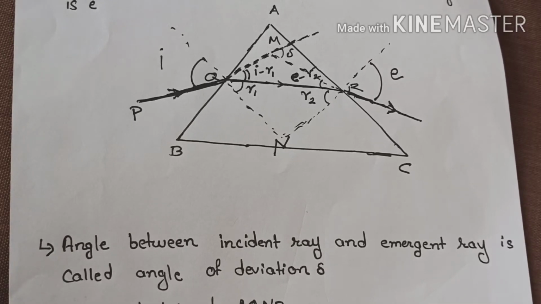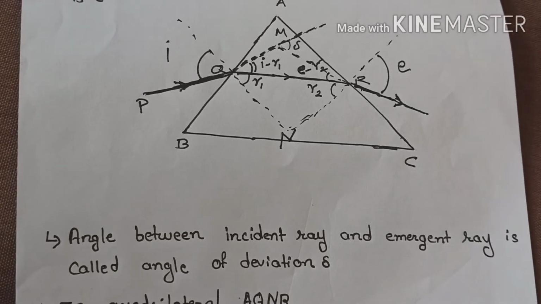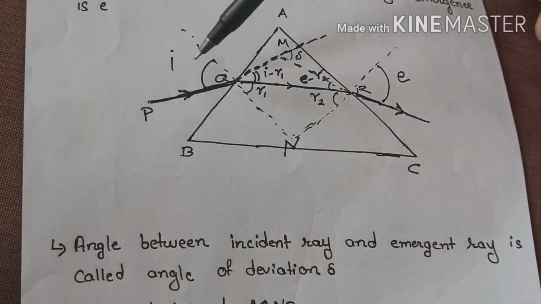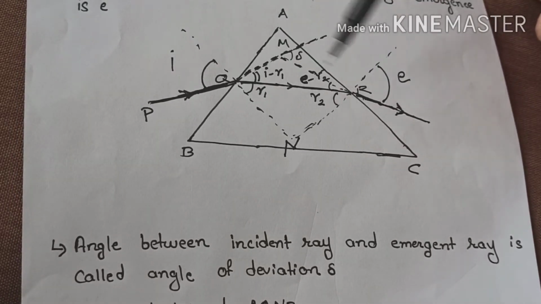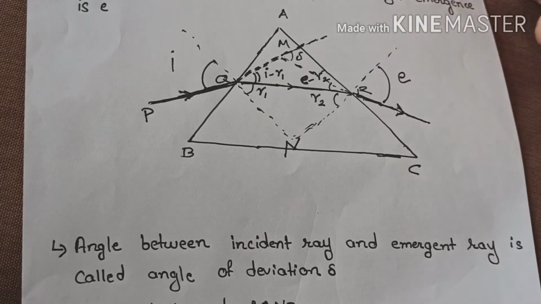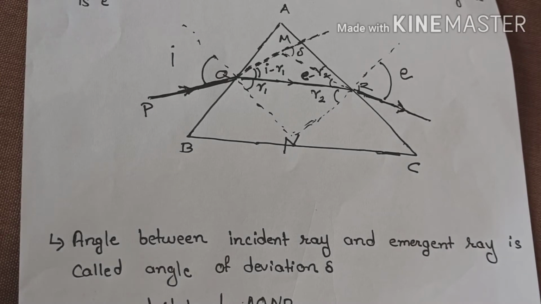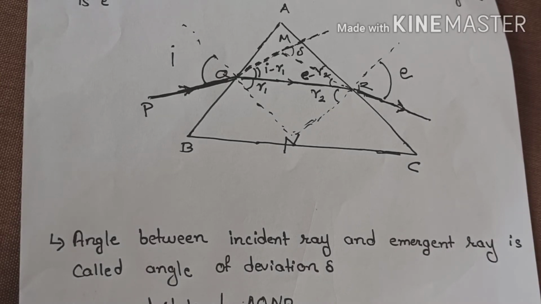Look at how the ray is formed, how the ray is refracted and emerges from the prism. Look at the complete geometry and try to understand. Here we can apply the rules of geometry and derive the expression.